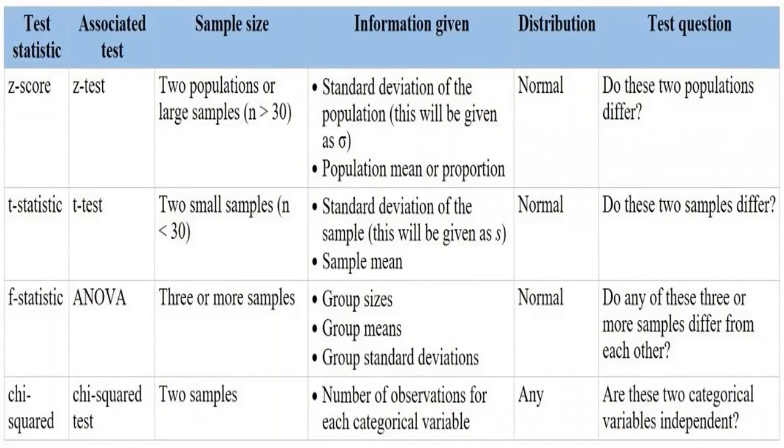The information given is the standard deviation of the population, sigma, and the population mean. The type of distribution is normal distribution, and the test question is: do these two populations differ or not?